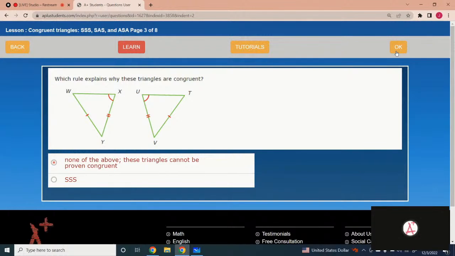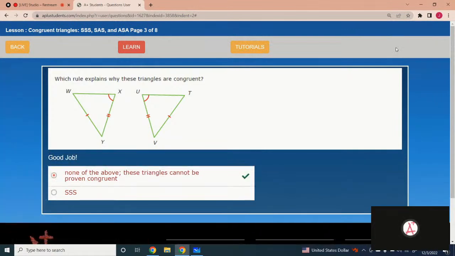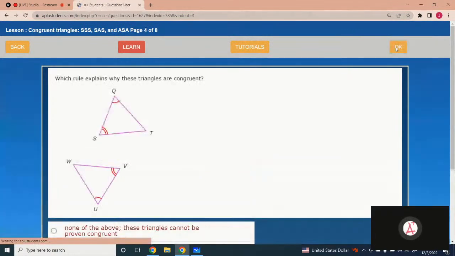But the triangles are congruent. I don't know why you're not given the correct option, but the triangles are congruent because both angle U and angle X are congruent, UV is congruent to XY and VT is congruent to WY. Got it? The triangles are congruent, but you're not given the correct option. That's why I selected that option.